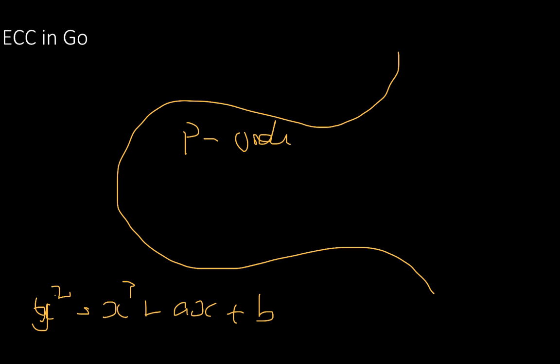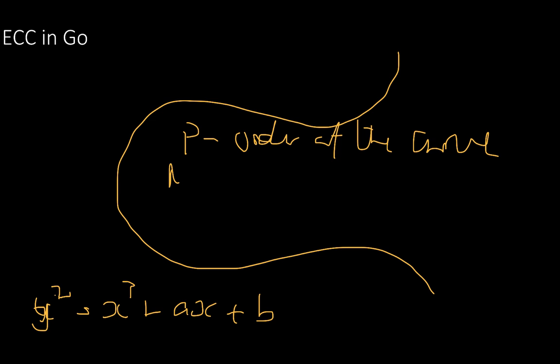So the curve is y squared is equal to x cubed plus ax plus b. So we have various types of curves, and the parameters that we have is the prime number p, and that's defined as the order of the curve. And so all our operations are done with a mod of p.